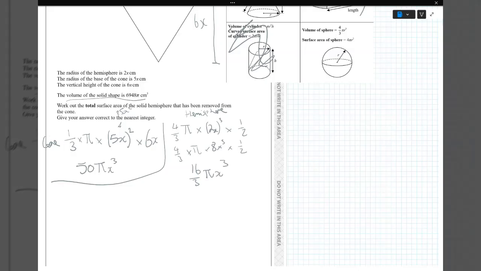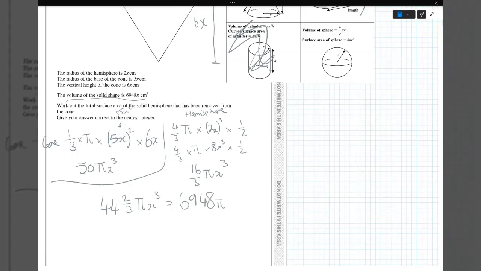Now the cone, take away the hemisphere, is going to be 50 take away 16/3. Which means that the volume is 44 2/3 pi x cubed, and that's equal to what we've been given in the question, 6,948 pi.